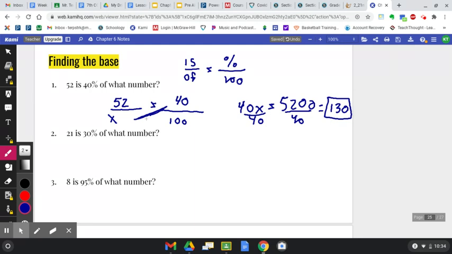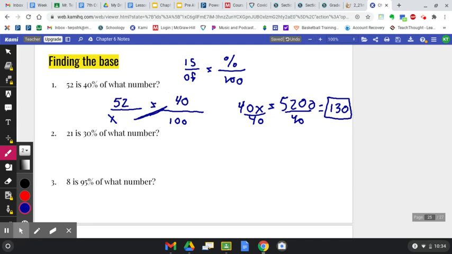If we just think about that, does that make sense? It's less than half, right? 40% is less than half. If you want to check, you can do 52 divided by 130 in your calculator, and it tells you 0.4, which is the same as 40%.